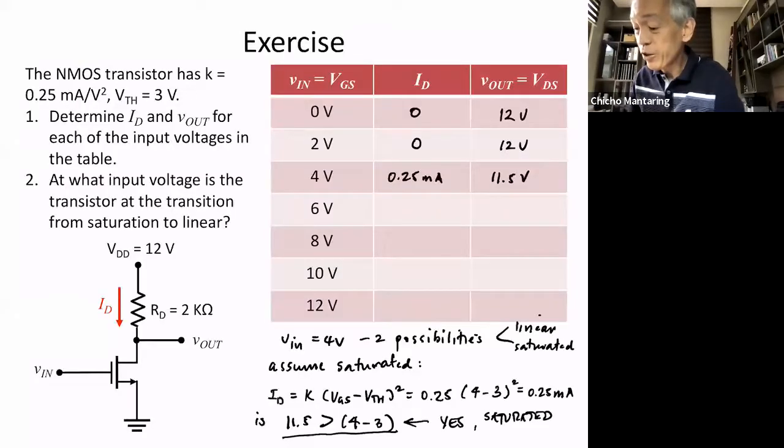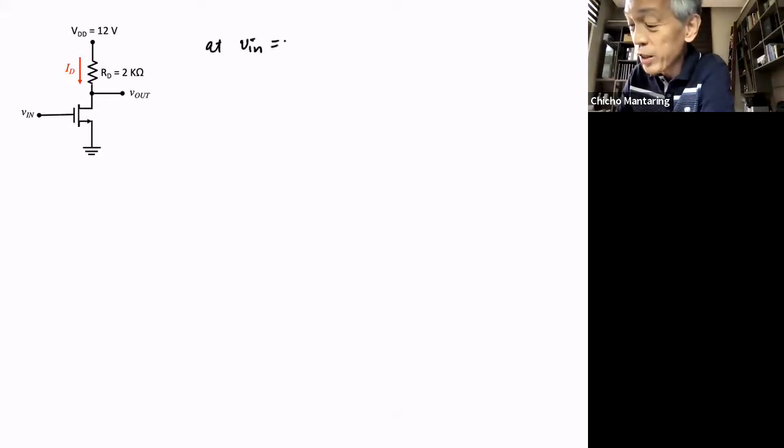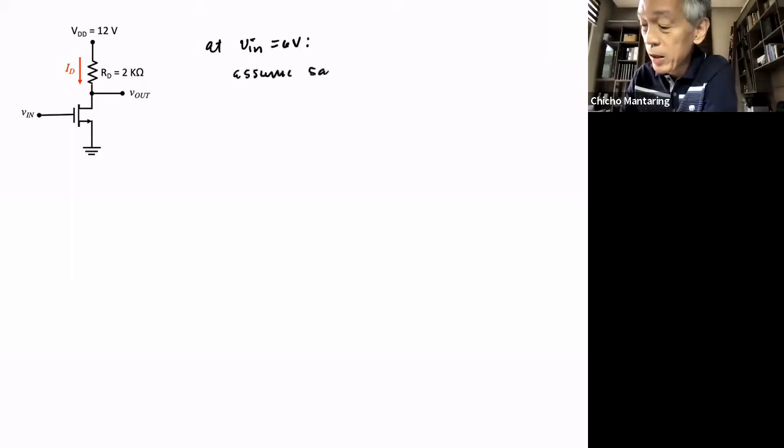Okay, so ano yung next value? 6, no? So at Vin equal to 6 volts, okay, again, we assume saturated. So ID is equal to K (VGS minus VTH) squared.